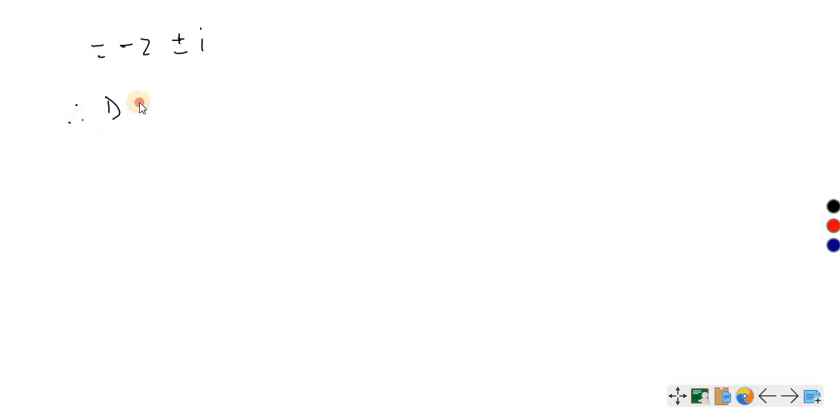Therefore D equals minus 2 plus i, comma, minus 2 minus i. These are the two roots.